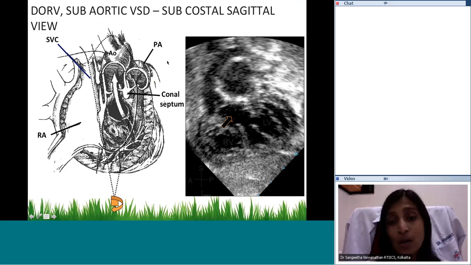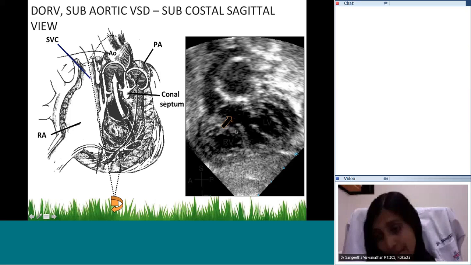Now, this here is a subcostal view. It's a subcostal sagittal view with the echo probe placed with the pointer of the probe pointing upwards at 90 degrees. So here, this is the image that you get when you do a subcostal sagittal view.